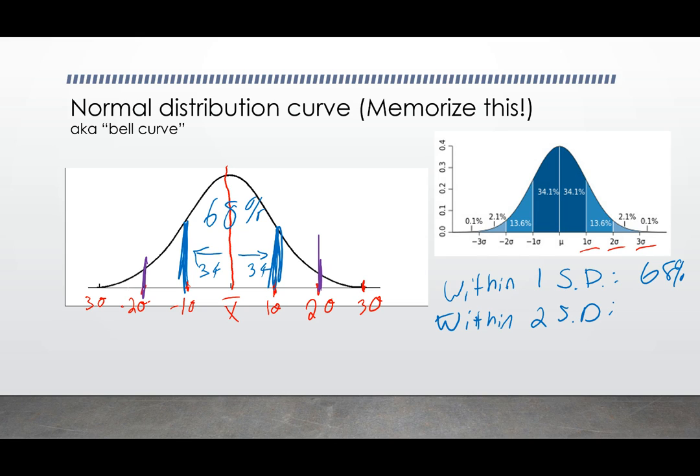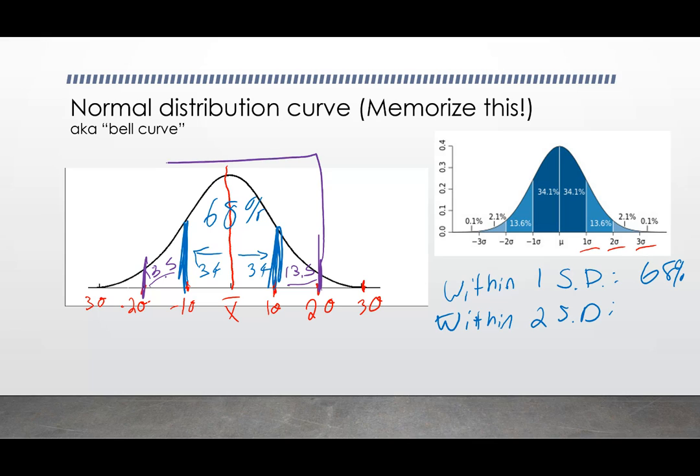So that adds on another, well, it says 13.6 on the slide, but I think 13.5 is more of a general thing. So another 13.5% this way and another 13.5% this way, and 13.5 here and 13.5 here makes 27% altogether, which we add to the 68% that we have there.